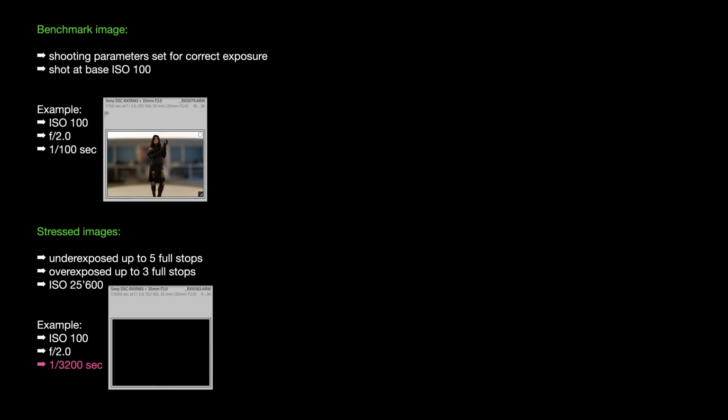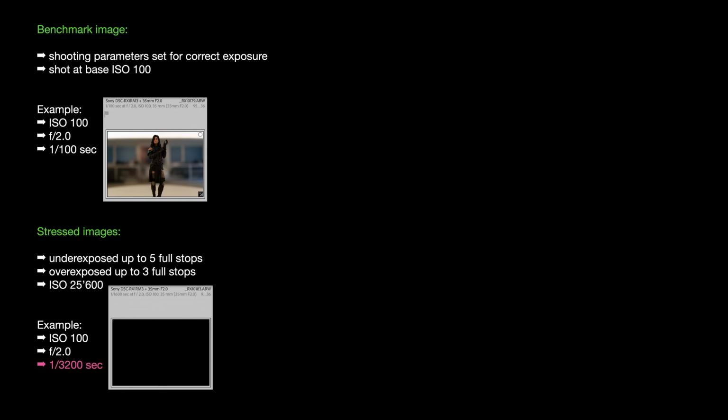So here in this example, I shoot a stressed image with ISO 100, so base ISO, f2.0, same aperture as the reference or benchmark image, but I shoot it with 1/3200 seconds, which is 5 full stops faster than 1/100 seconds, right? We have 200, 400, 800, 1600, 3200, so that's 5 full stops.